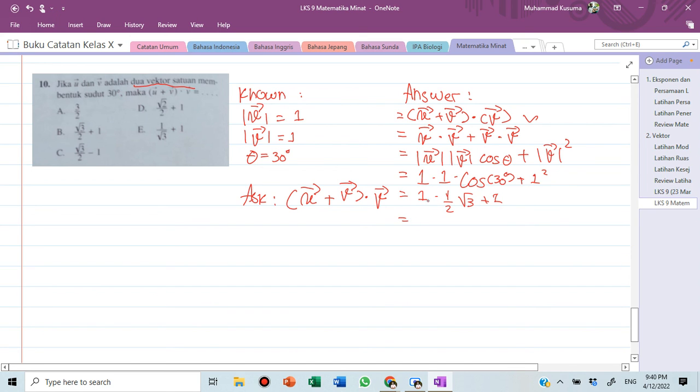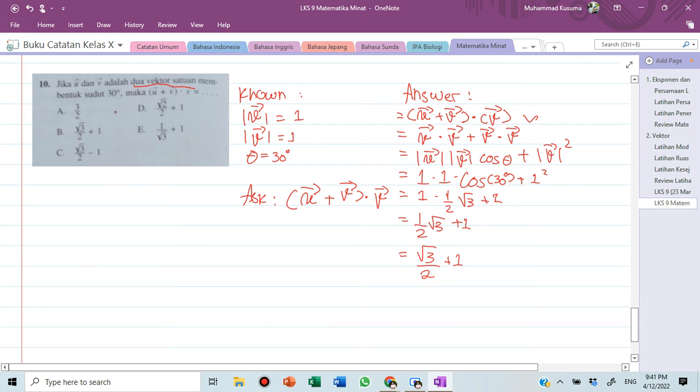That means it is just the same as 1 over 2 times root 3 plus 1. And we could rewrite this as root 3 divided by 2, which is just the same as a half times root 3. Don't forget the plus 1.